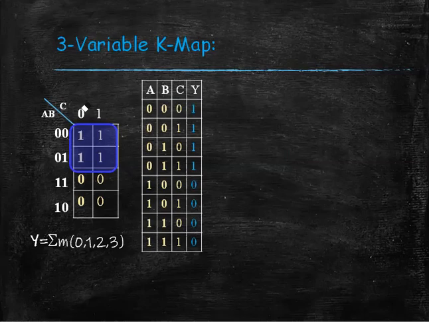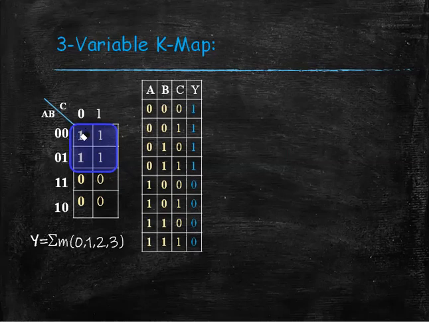When we move downward, 0 0 is changed to 0 1. Which variable remains constant? Here A bar remains constant.